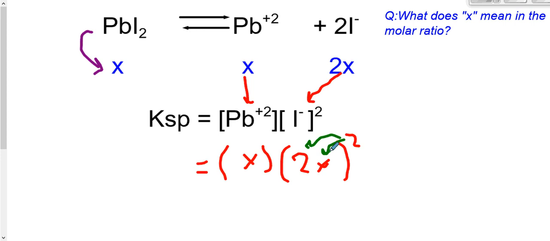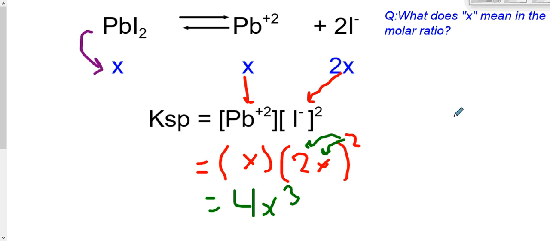We'd have 4X squared times X. We are at 4X cubed. So be careful when we have a square outside of a bracket that has more than one thing in it. We have to apply that square equally to both of them and then multiply by the other one. So we have 4X cubed. My Ksp expression is going to be 4X cubed.